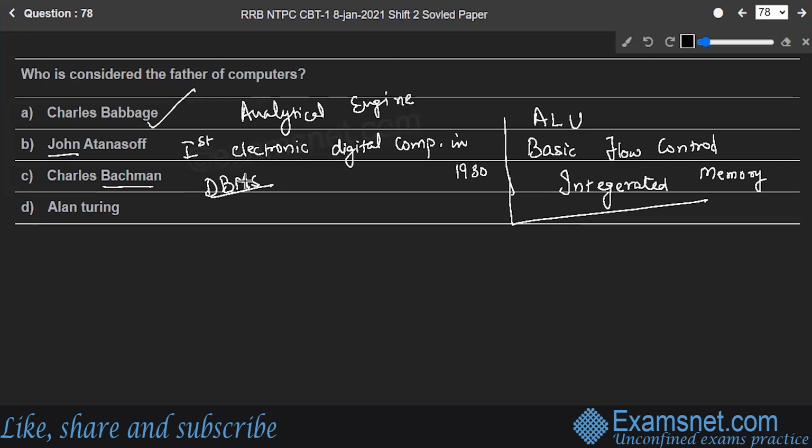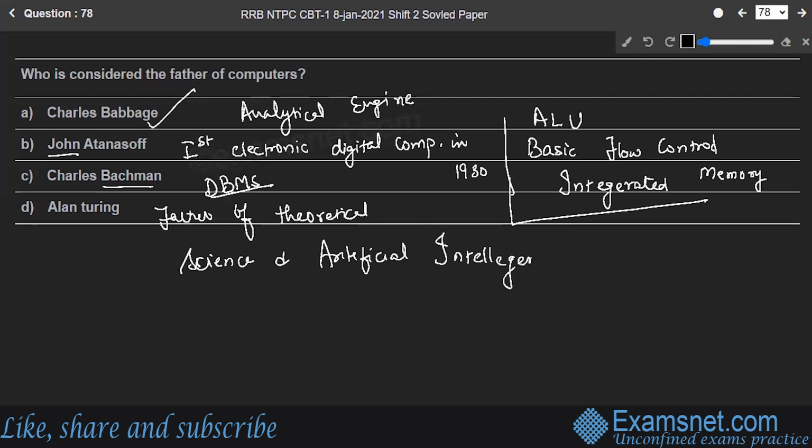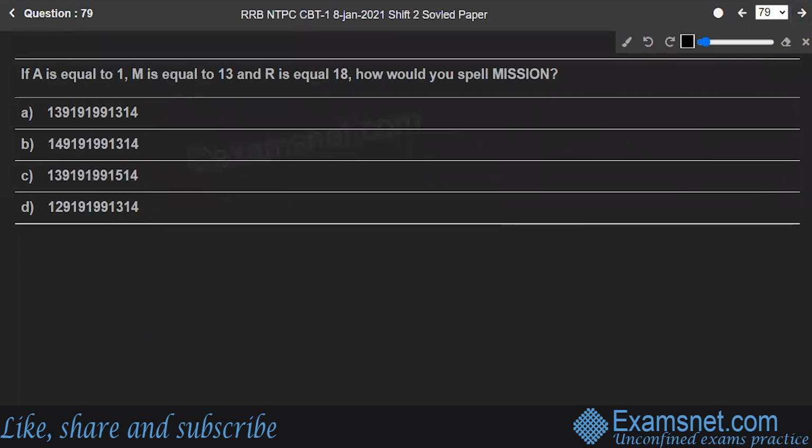Turing was widely considered to be father of theoretical computer science and artificial intelligence. So option A is the correct answer to this question. Hope you got that. Next is question number 79.